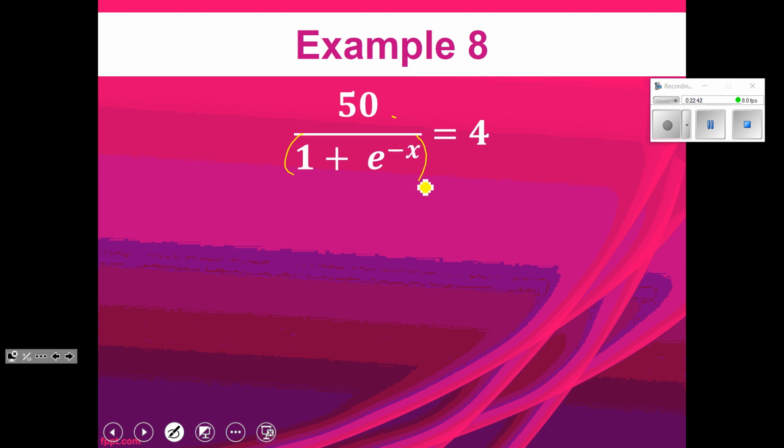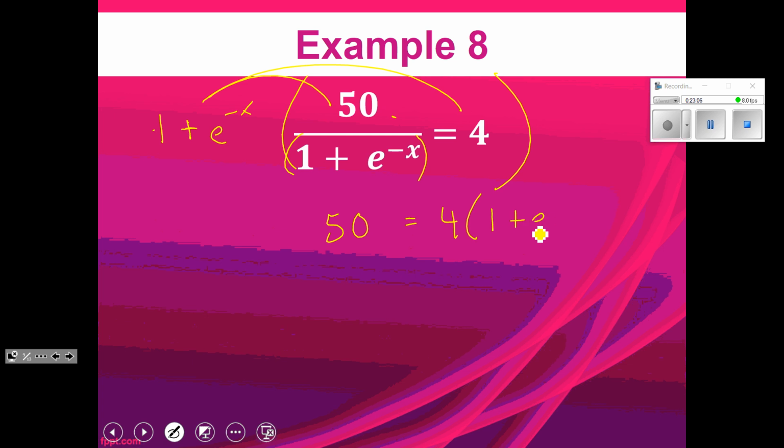I would follow my rule of, ooh, yuck, gross, disgusting, nasty fractions. I'd multiply by, what's our common denominator? 1 plus e to the negative x. Very good. So when I do that here, those cancel and I get 50. And when I multiply it over here, I get 4 times 1 plus e to the negative x.